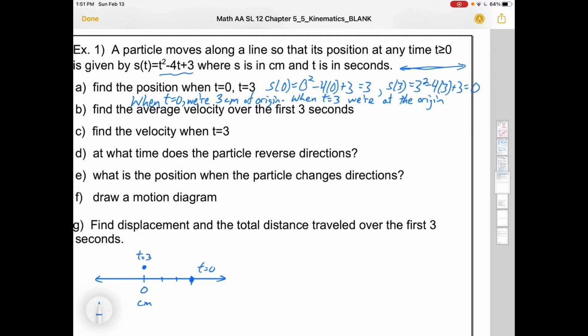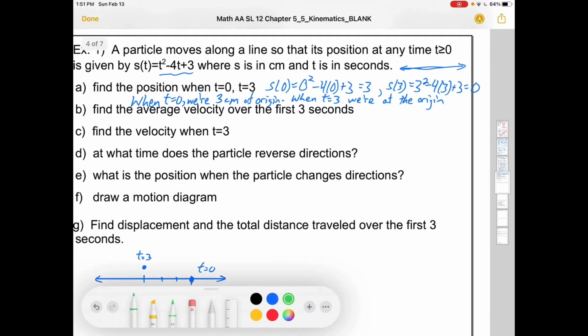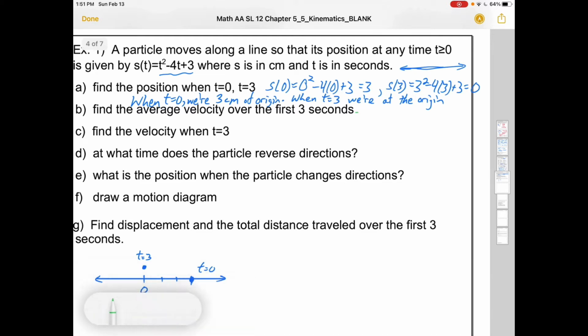Now, I actually don't know a whole lot about what happens around there. And I'm going to try and use as much space as I can on this particular slide so that I can keep it together, but these tend to be big problems. Find the average velocity over the first 3 seconds. Well, let's see. Average velocity is going to be change in position over change in time.